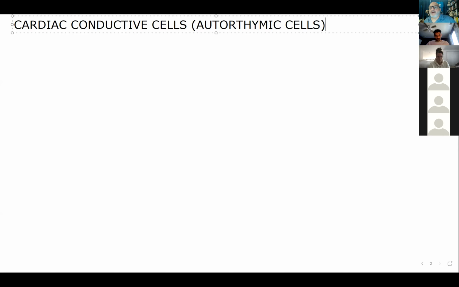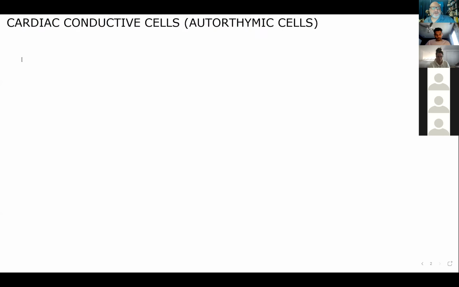Now, one of the biggest differences in these conductive cells versus the cells we've been talking about so far is conductive cells do not have a resting membrane potential.